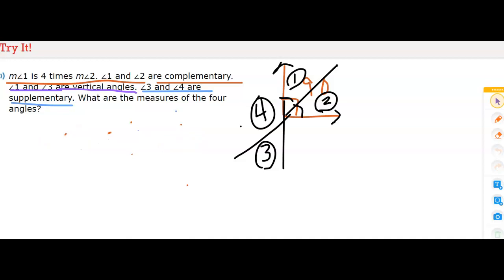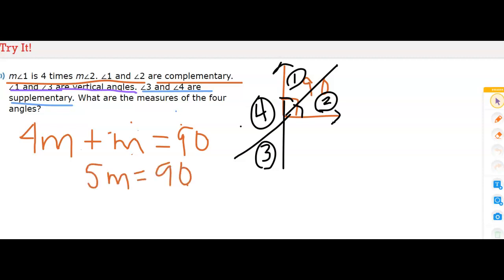All right, I'm going to use just M instead of the angle part. So we know that 4 times M will give us the degrees of angle 1. And then if we add the degrees of angle 2, it should be equal to 90 since they're complementary angles. So then I'm going to solve for M. 4M plus M, they are like terms, so that'll be 5M equals 90.